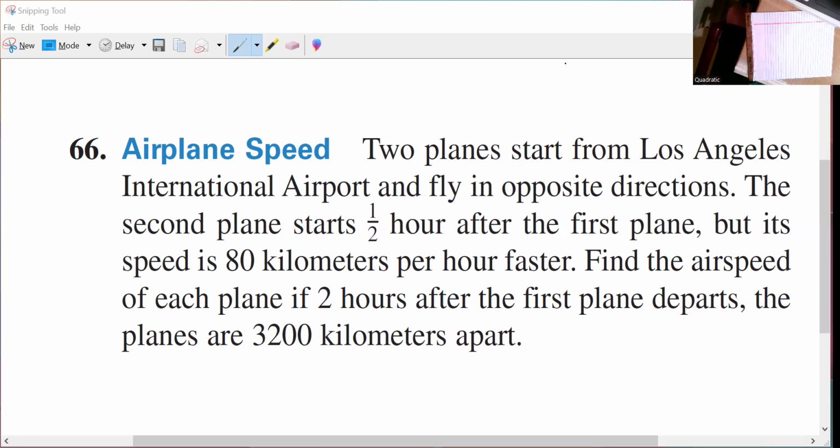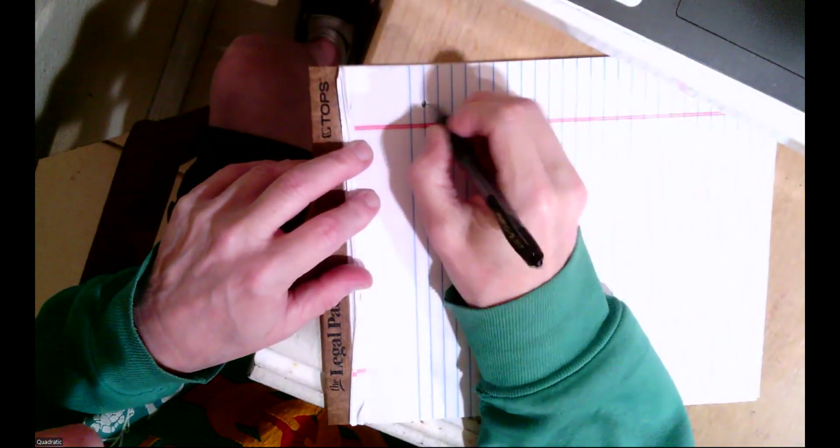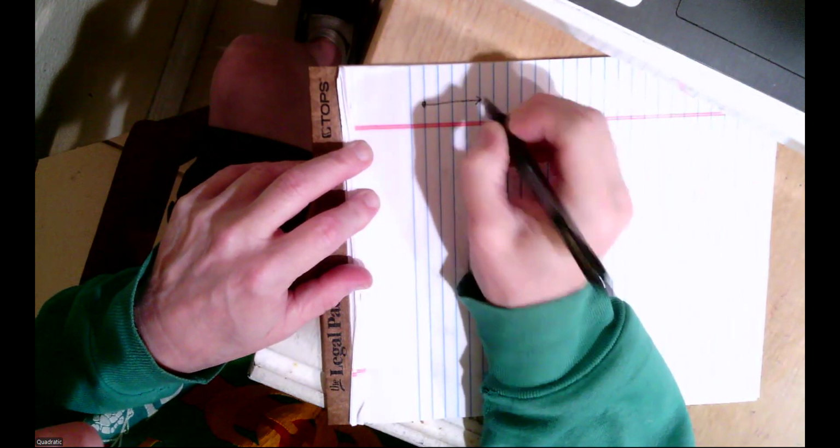Let's analyze this a little bit. First of all, let me draw a picture, because I like drawing pictures. The two planes start here.